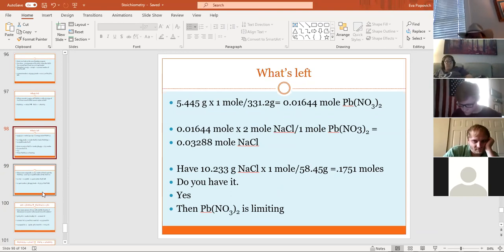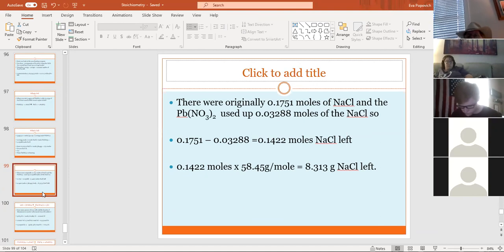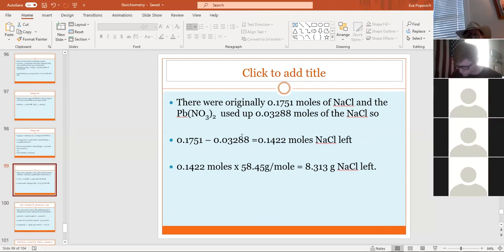So, to figure out how much is left, all I got to do is subtract how much I used from how much I originally started with. This means I have 0.1422 moles of sodium chloride left. I simply got to multiply that by the molecular weight of sodium chloride, and that gives me the grams of sodium chloride left.